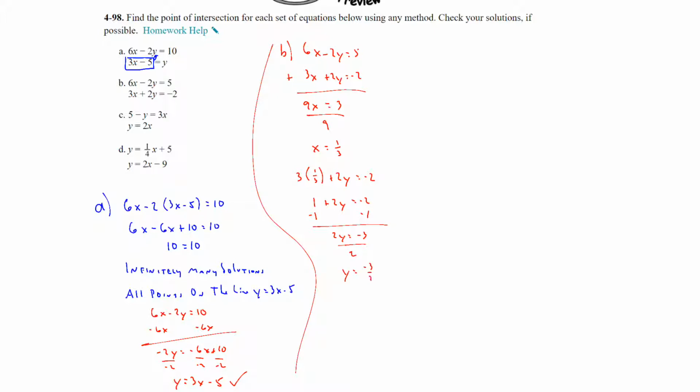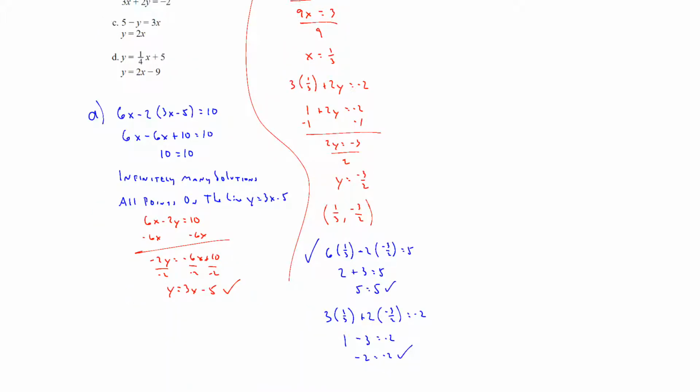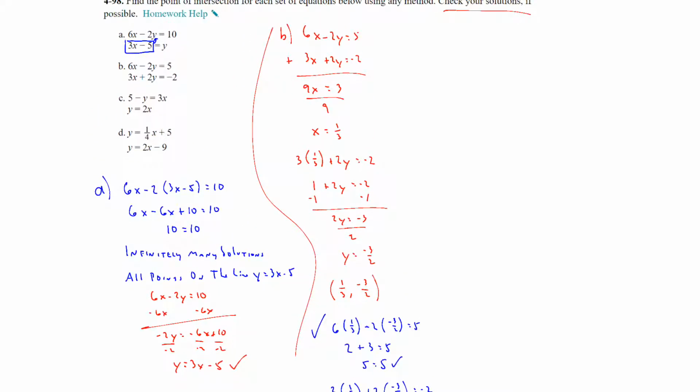And y is equal to negative 3/2. So we have a solution of 1/3 and negative 3/2. And once again, to check our solutions, we'll plug them back in. And there's the check below, and once again you can see that it does work for both of them, so the solution 1/3 comma negative 3/2 is the correct solution.